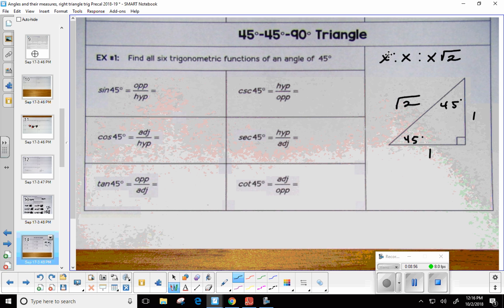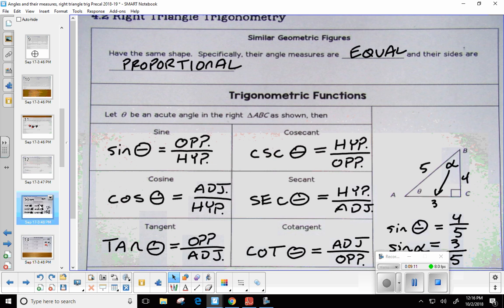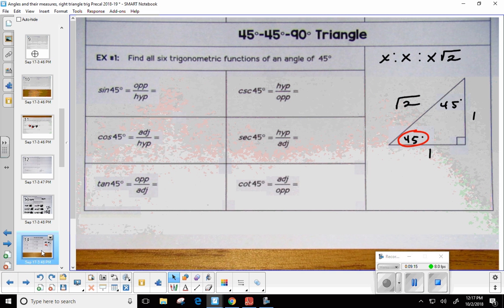Okay. And does it matter which 45-degree angle I choose? No. Okay. Let's just say we're going to base everything off this guy right here, just so we're all on the same page. Now, only a few people have actually taken me up on this today, just like we did a moment ago, where we labeled the sides as opposite, adjacent, and hypotenuse. If that helps you, maybe you want to write that out.